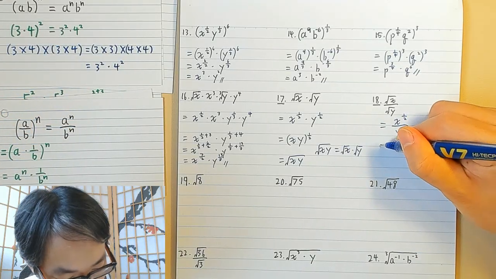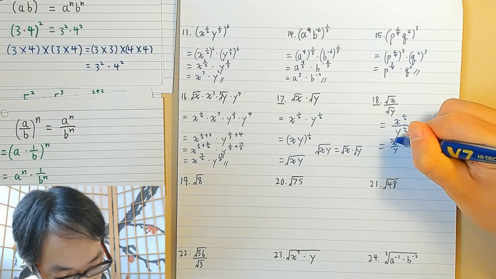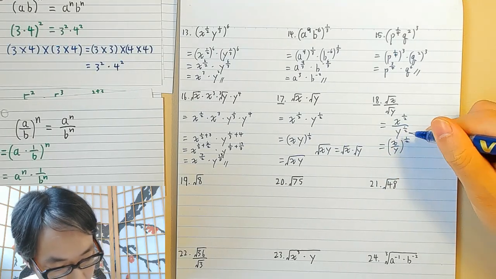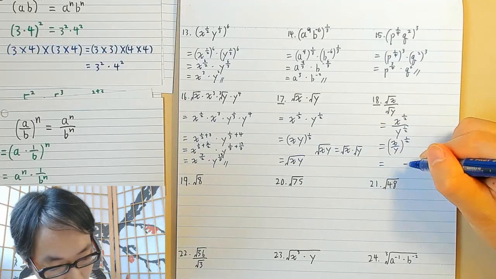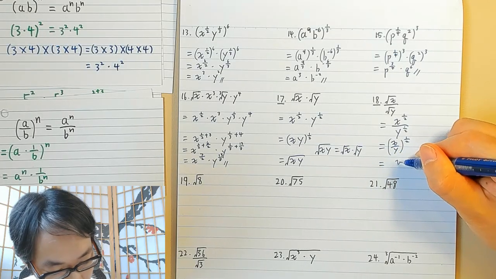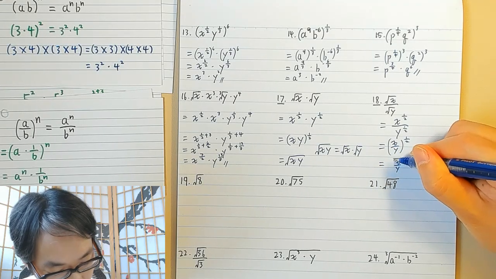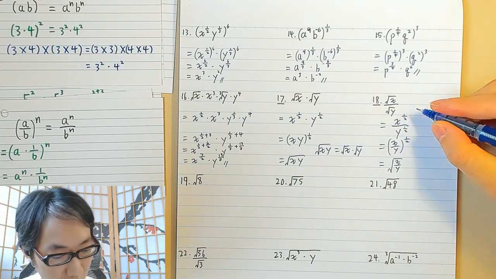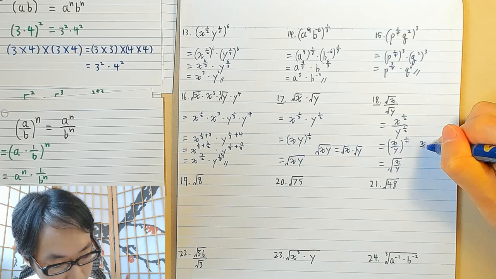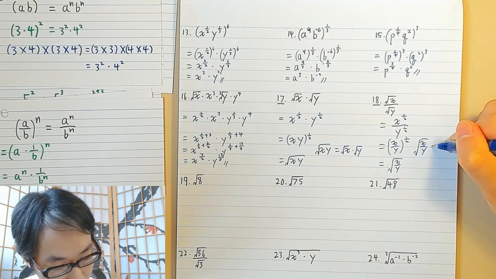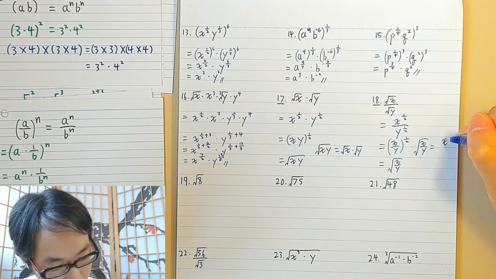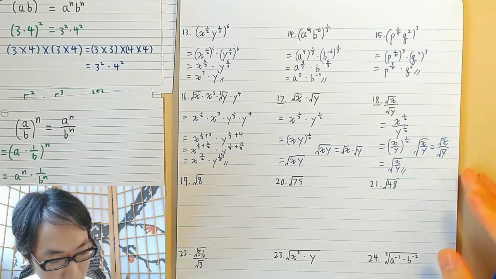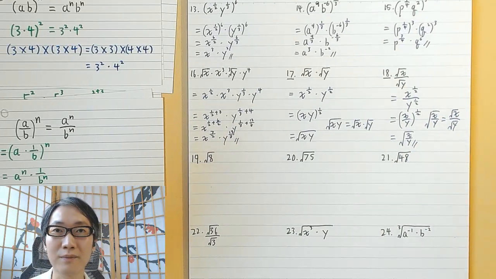So this will be equals to x over y to the power of 1 over 2. And this can be written in surd form. So this is the square root of the whole thing from here to here. Which means now we know that if the fraction is like this, we can distribute the surd.